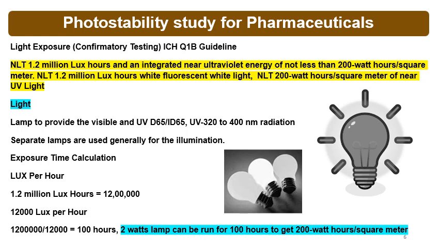Similarly, the watt calculation can be done. A 2 watt lamp can be run for 100 hours so that you can get 200 watt hours per square meter as the light exposure.